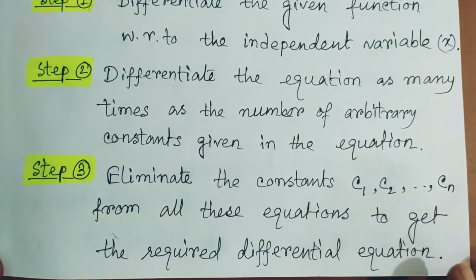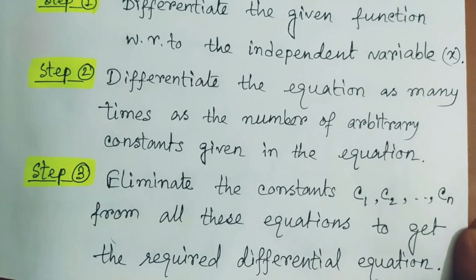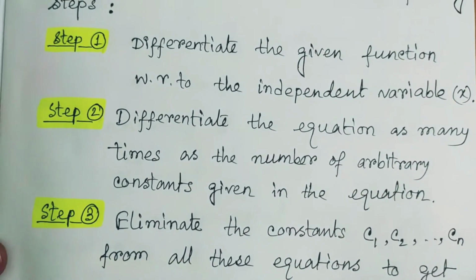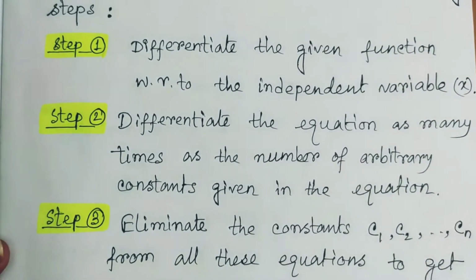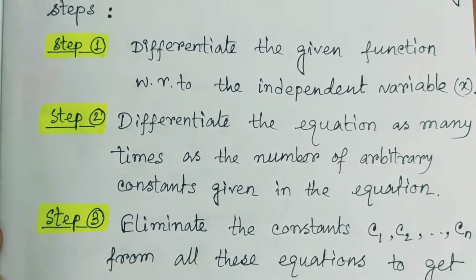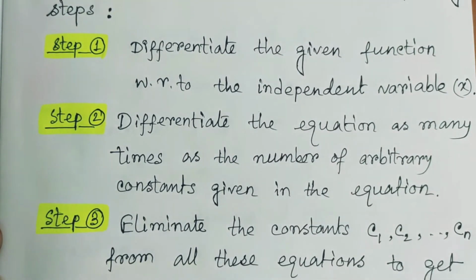Now in the third step, we should eliminate the constants c1, c2, up to cn. That means we eliminate all these n constants from all those equations to get the required differential equation. So the steps are very simple. Initially, with the given equation we take the derivative with respect to the independent variable, and we continue this up to the number of arbitrary constants involved, generating some equations.